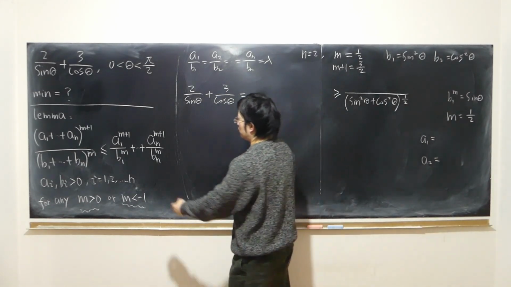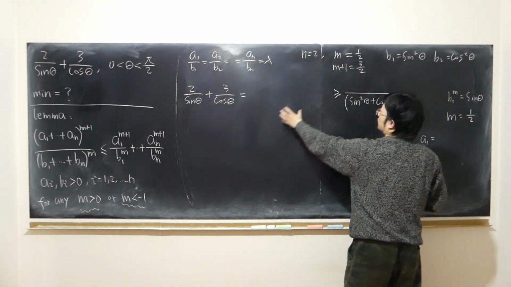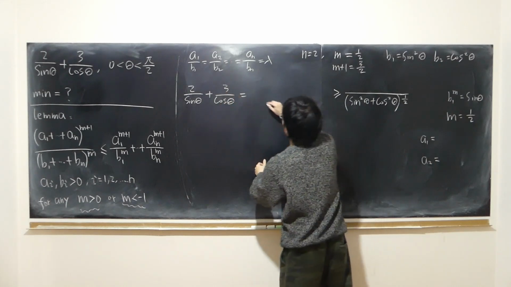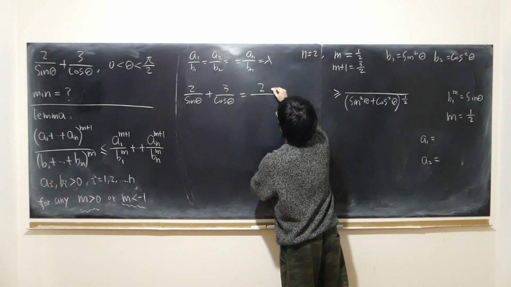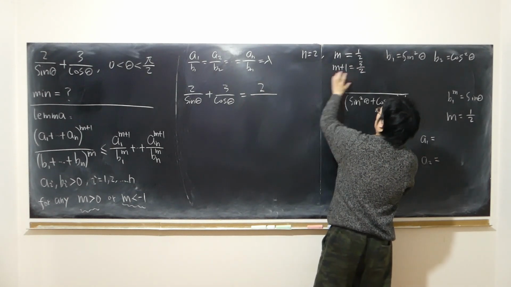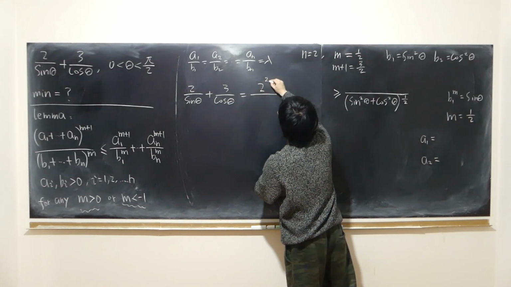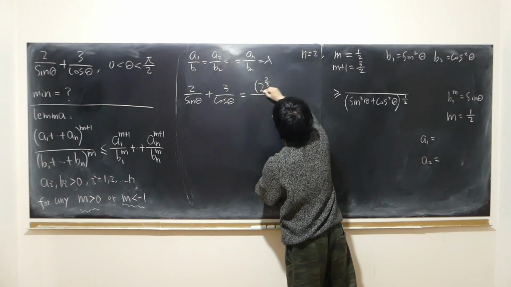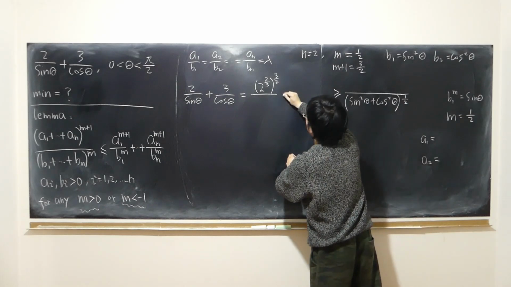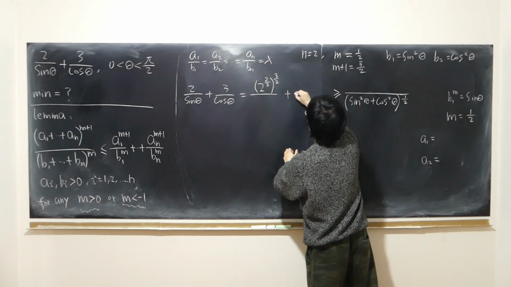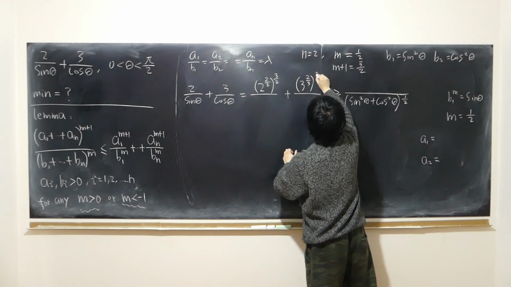So it looks like here I have A1 to the 3 over 2, which means I must rewrite 2 as some number to the power of 3 over 2. So I can rewrite it as 2 to the power of 2 over 3, then to the power of 3 over 2. That's the same thing. I do the same thing to 3: 3 to the power of 2 over 3, then to the power of 3 over 2.